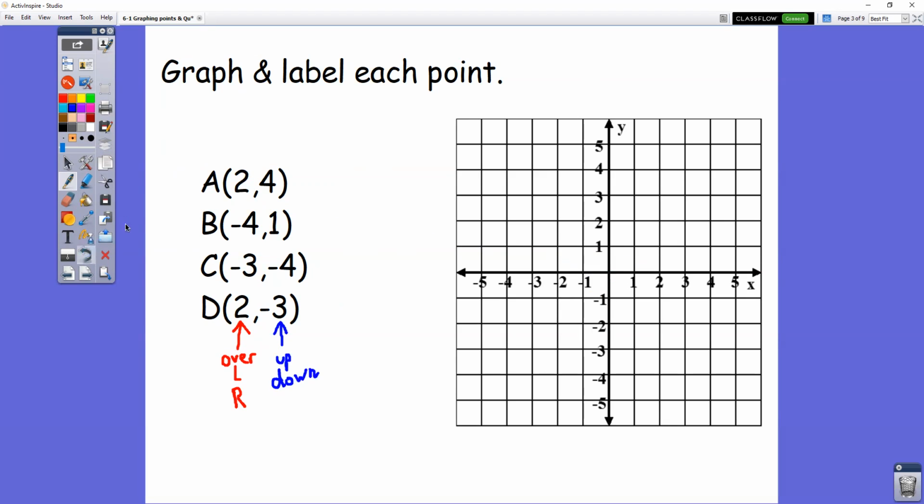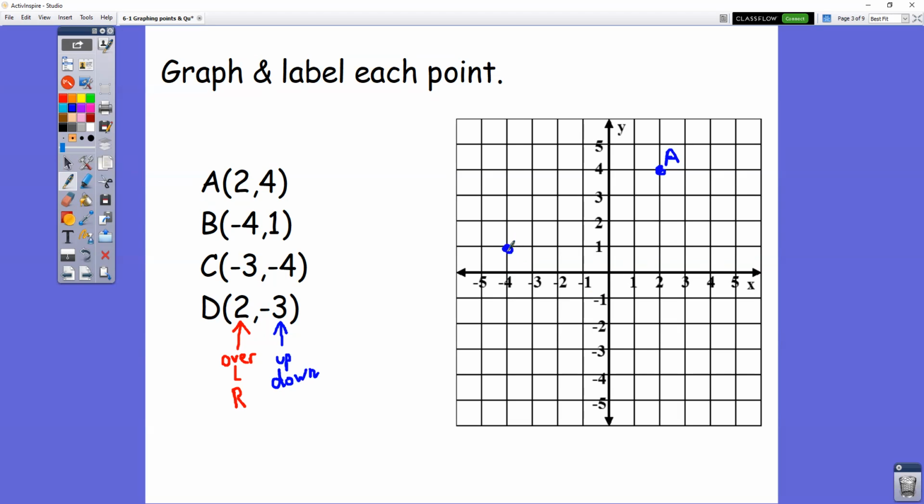If we're going to graph the letter A, it is (2, 4). Starting in the middle, we're going to go over to 2 and then up to 4. So this is where A would be. B is (-4, 1). Starting in the middle, we're going to go over to -4 and up to 1.